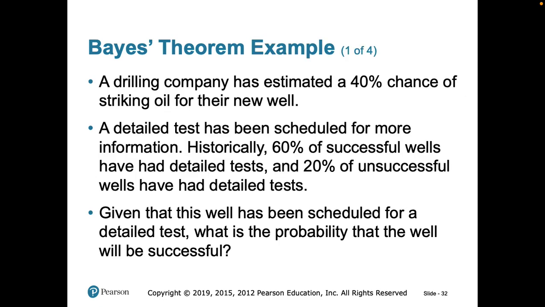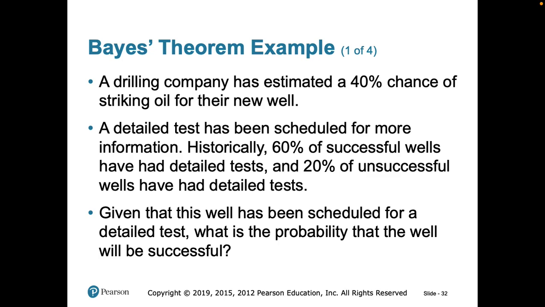Here is an example of when you will use Bayes' theorem. Let's say you are a drilling company and, after doing some research, you calculate that there is a 40% chance of getting oil out of this new well. Then a detailed test has been scheduled for more information.